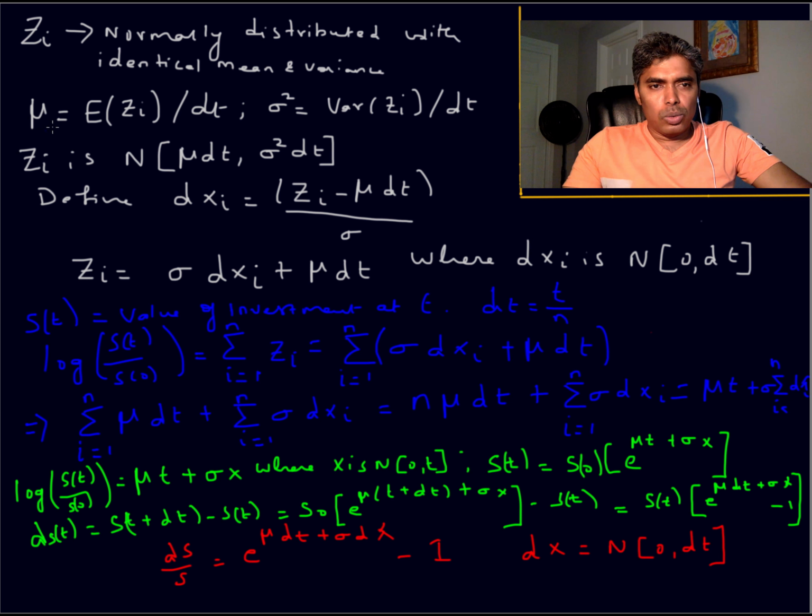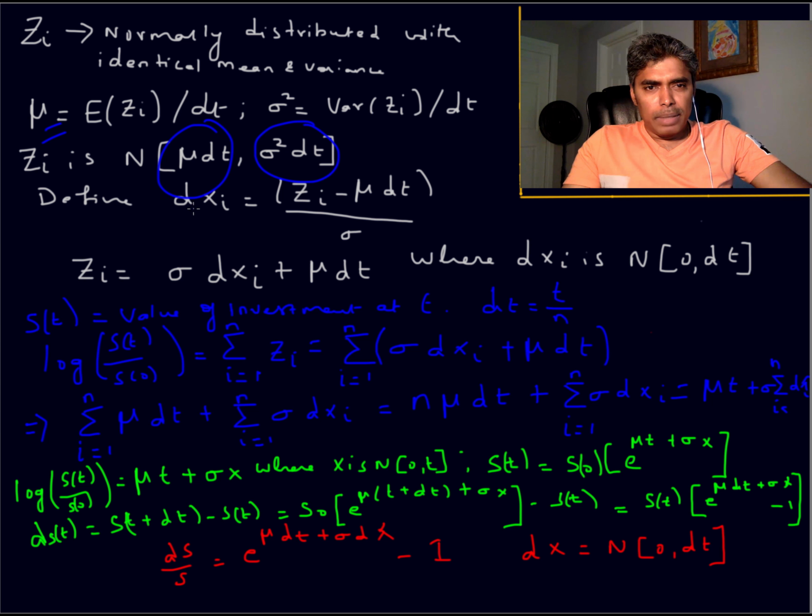So I'm going to say that mu is equal to the expected value of zi divided by dt, and the variance is defined as the variance of zi divided by dt. So zi is normally distributed with mean mu dt and variance sigma squared times dt.